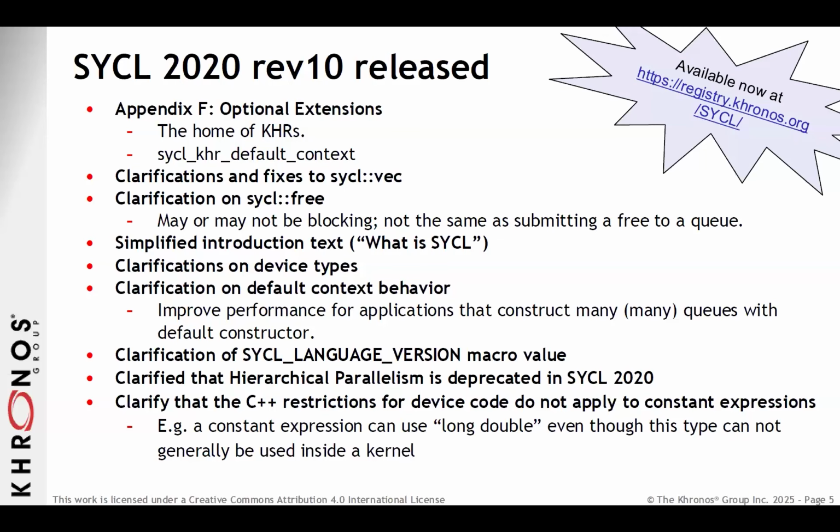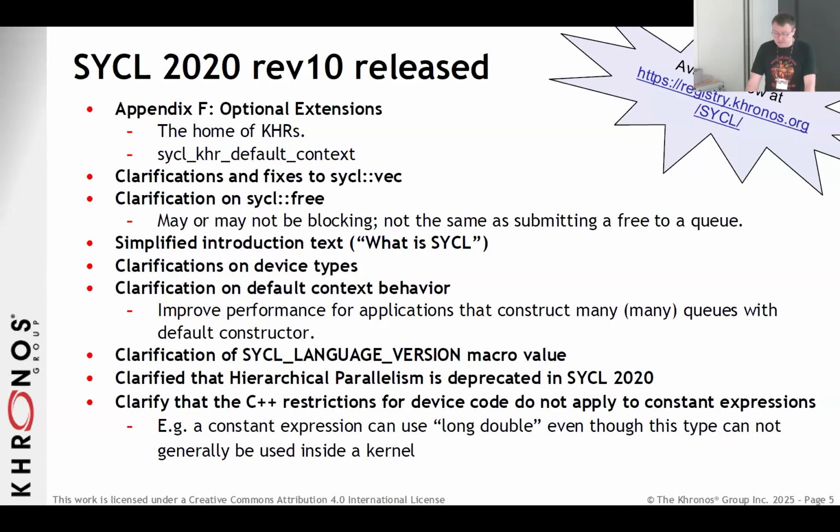If you have downloaded a copy of the PDF, please make sure you grab a new one with revision 10. It's available in the registry. If you render the HTML, it's all the new Rev 10 content that is there now. The main thing to highlight is we have a new appendix, Appendix F. These are those optional KHR extensions, and this is now the home of where they all live.